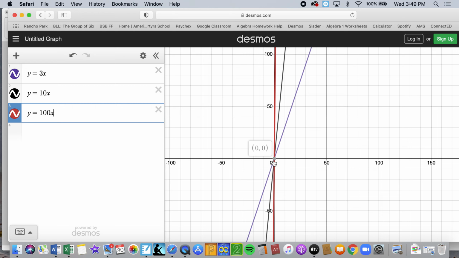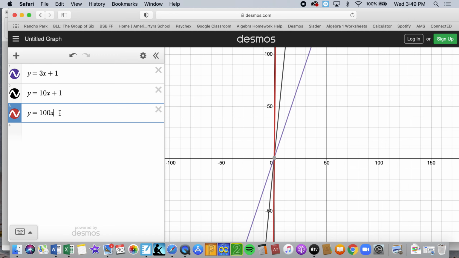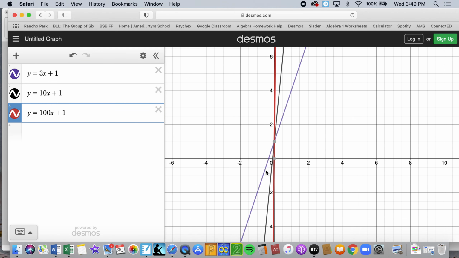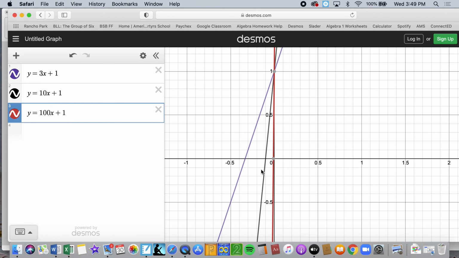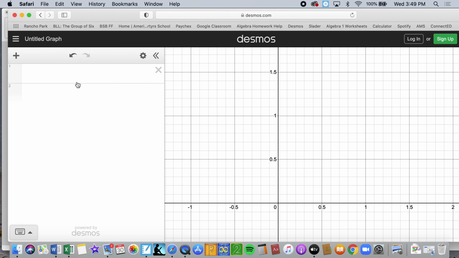You see that? And they're all going through the same location because the y-intercept for each of these is 0. If we added 1 to all of them, it would just make the y-intercepts all 1.